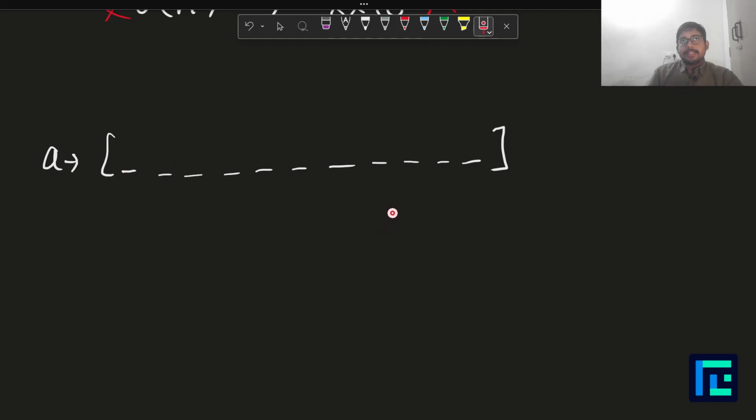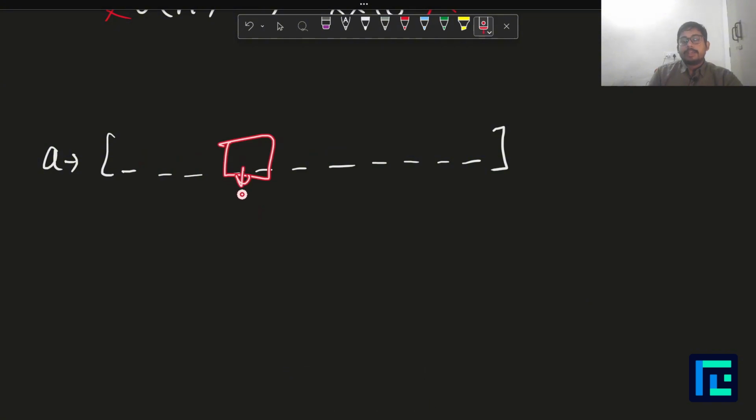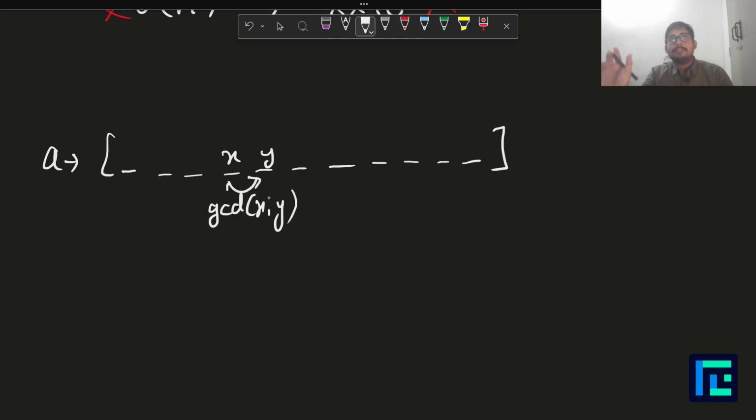What you need to do is convert all these numbers to 1 using the operation: select any two numbers, replace any one with their GCD. Let's say there are two numbers x and y, so one would be replaced by the GCD of x comma y. So if you look, when do we get a 1?